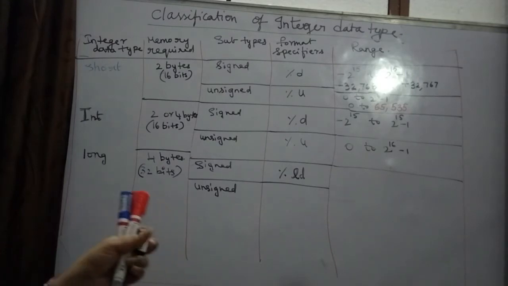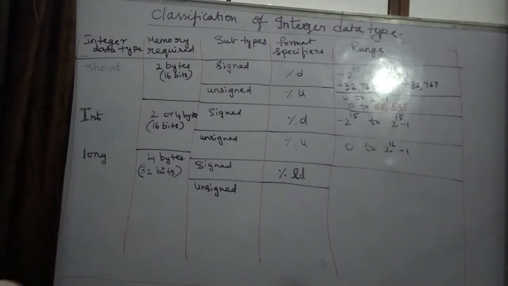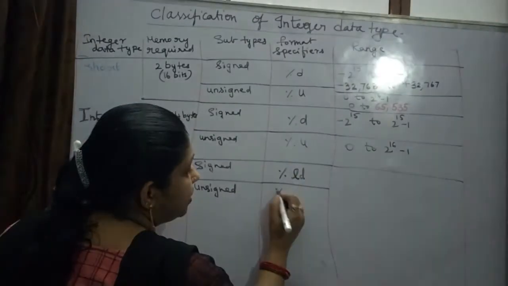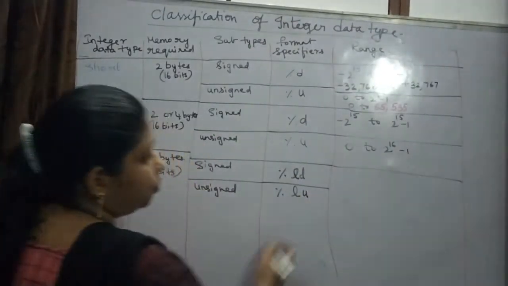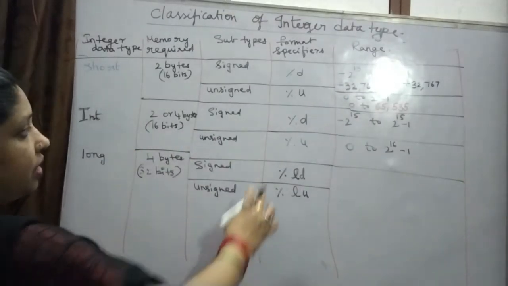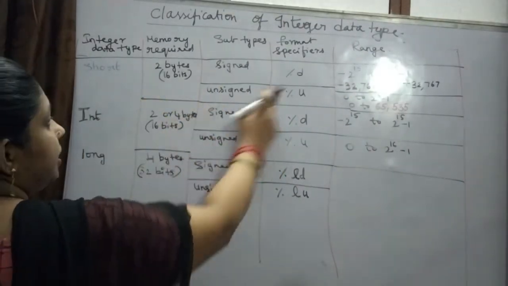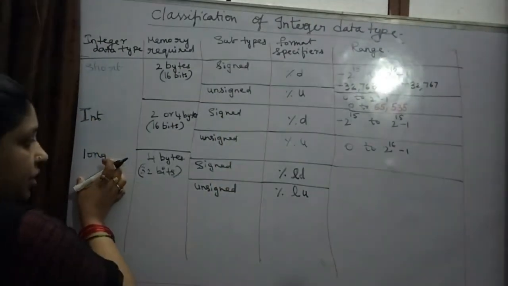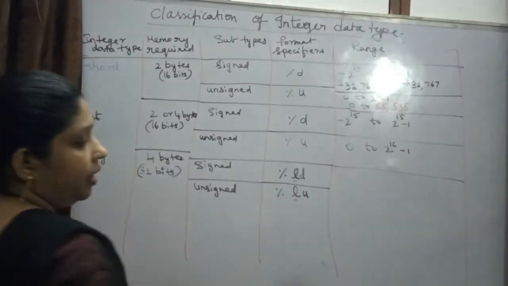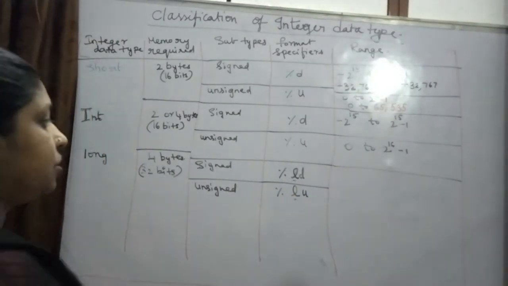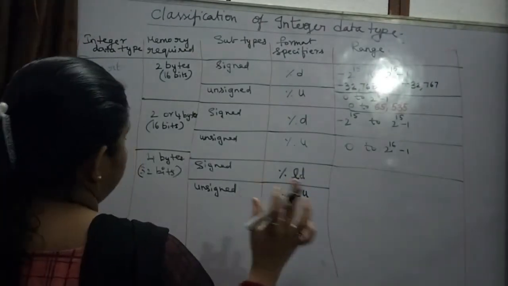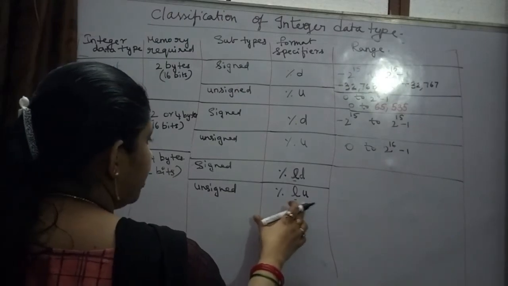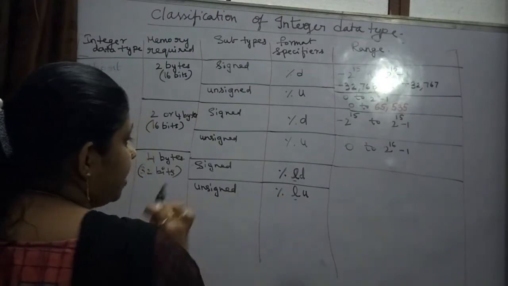That means the format specifier for signed long is percentile LD, and for unsigned it is percentile LU. Because of long integer, you are adding L to D and U.